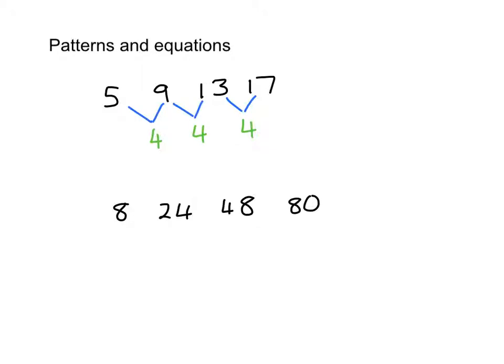And so what your graph will look like is a straight line graph, and each of those steps you're going up 4 every time. So it's a straight line graph, and a straight line graph has the equation y equals mx plus c.